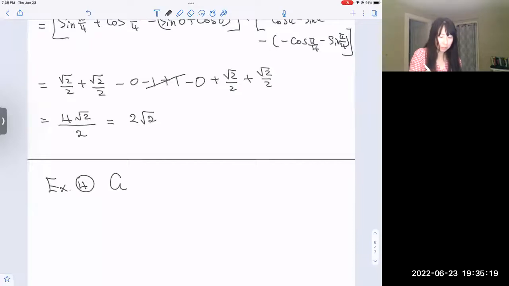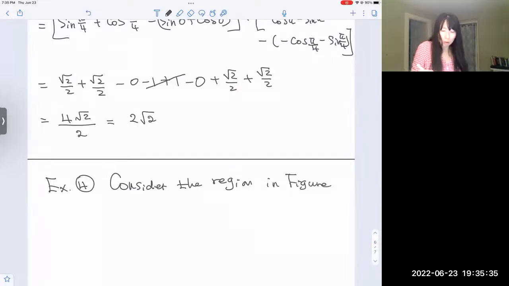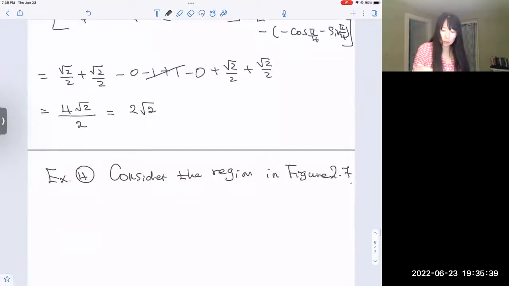Consider the region R in figure 2.7. So the figure will be given. Find the area of R.